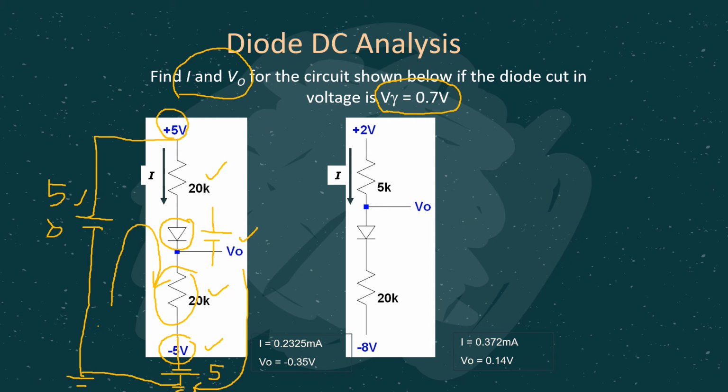You got my point? V naught is actually the summation of the voltage across this 20k plus the voltage which is negative 5 here. That should be our V naught. Okay, so I leave these two examples to you to do your revision. Then we are going to discuss in class.